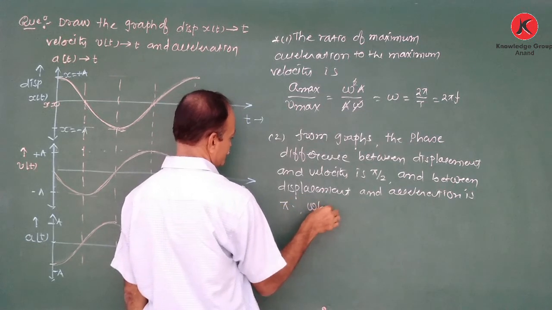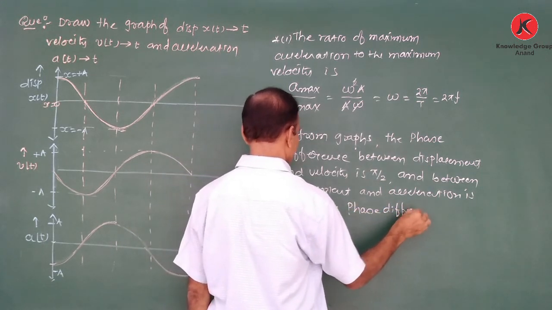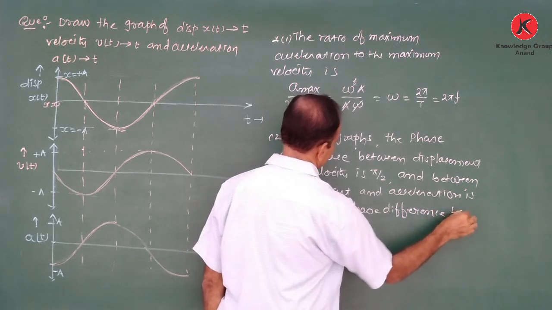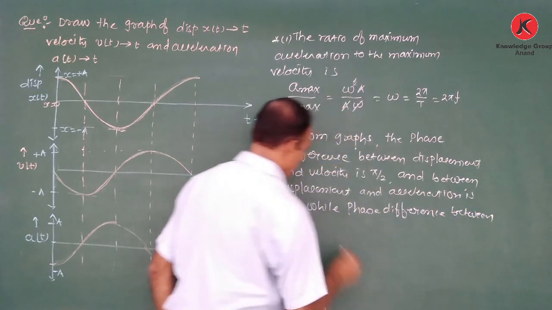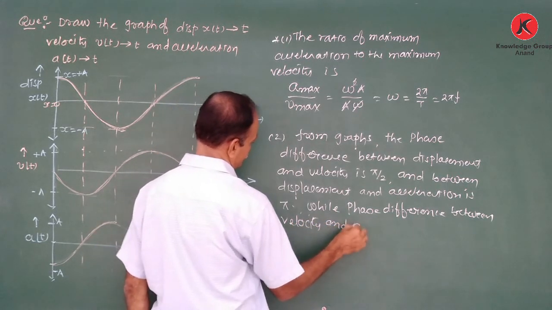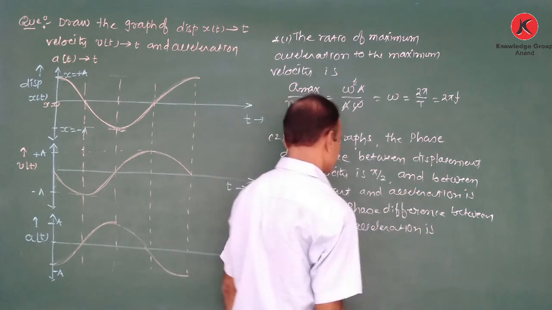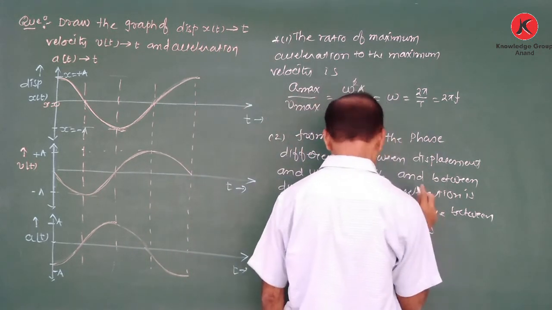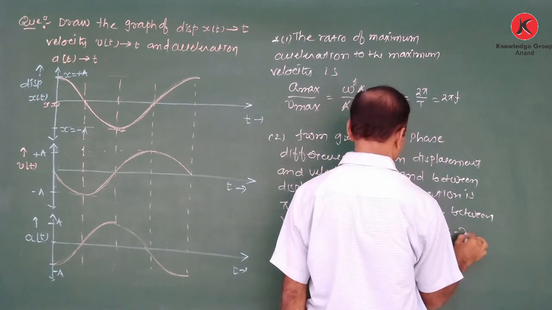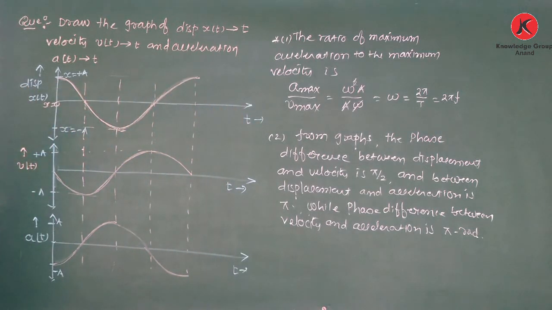While the phase difference between velocity and acceleration is pi by 2 radian. So these are the graphs and also the important points from the displacement, velocity and acceleration versus time.